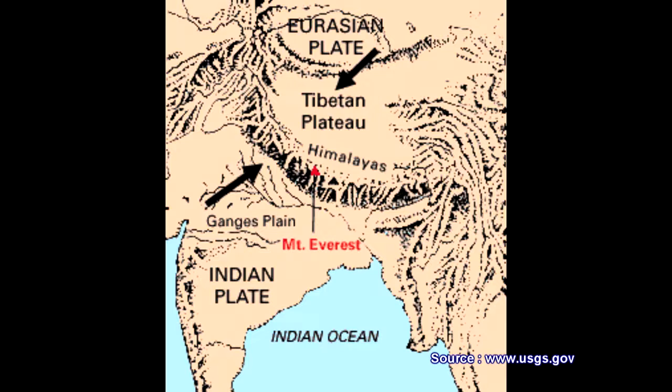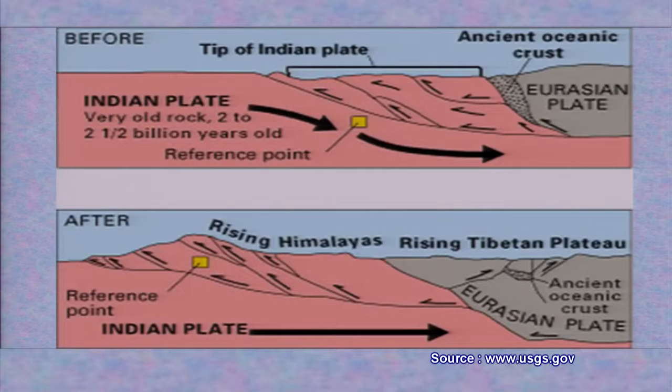If you see very carefully, the Indian peninsular part is going underneath the Eurasian plate, which is on top. This indicates the entire movement of the plates, the Indian plate, how it is going under the Eurasian plate, which I had earlier called the Chinese Tibetan plate.